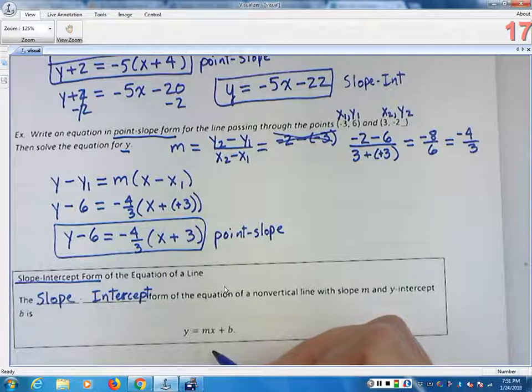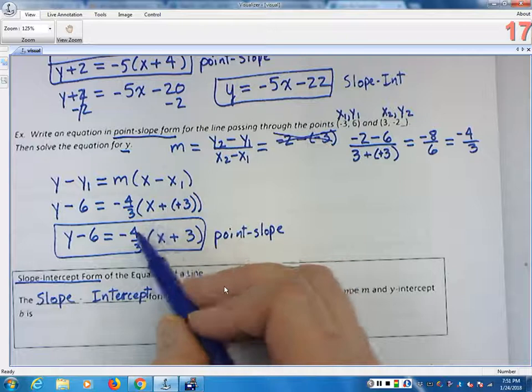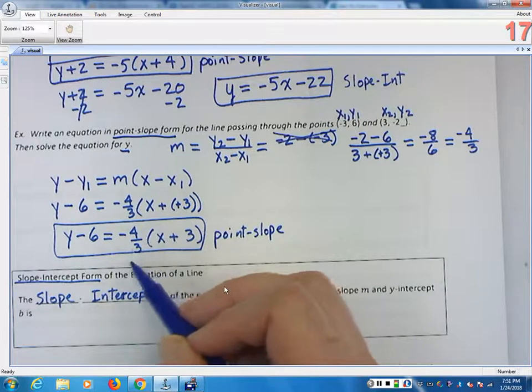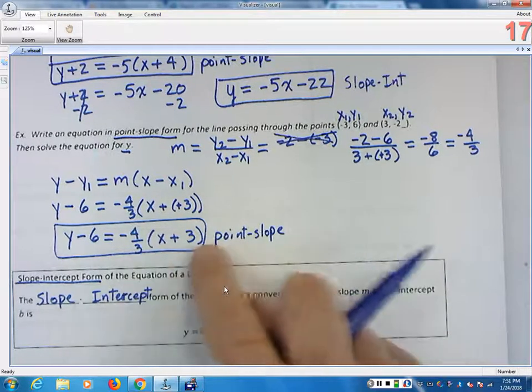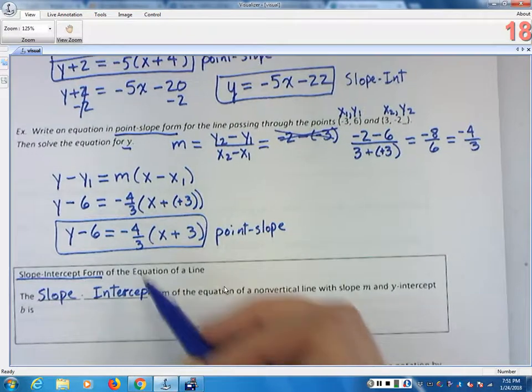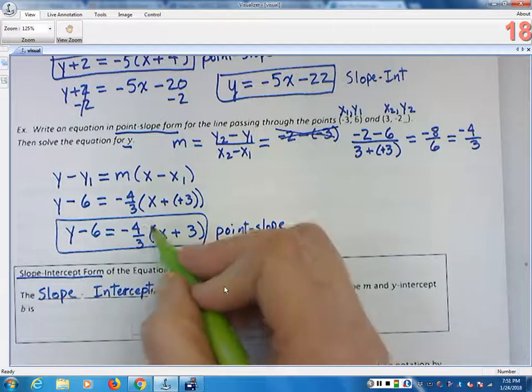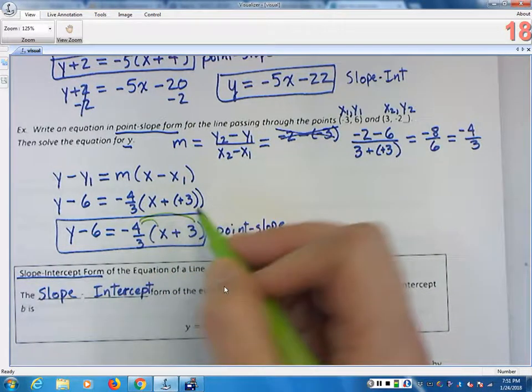Okay, and then we're going to distribute, and it's just easiest to go ahead and distribute. If this didn't come out so nice, you can use your calculator to multiply fractions. In algebra, you want to leave things as improper fractions, but we can use our calculator when we distribute that. If you are bad with fractions, use your calculator for it.